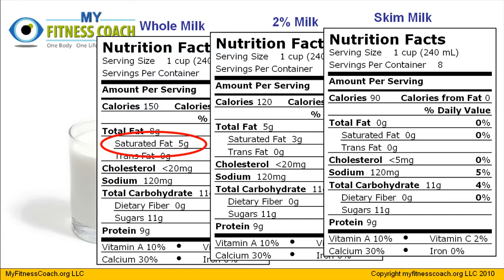You can see there's 5 grams of saturated fat in just 1 cup of whole milk, which is why it's best to reduce or limit how much you get from whole milk products. And it's an even better idea to downscale the kind of milk that you consume. You can see that 2% milk has just 3 grams of saturated fat, and skim milk, better yet, has 0 grams of saturated fat.